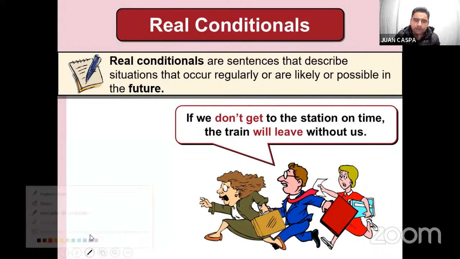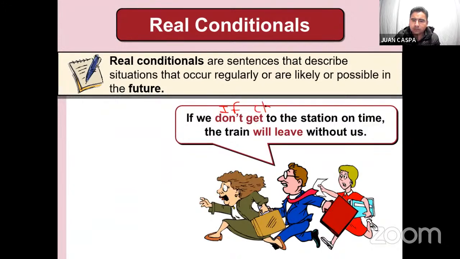Here we have, this is the if clause, right? And over here we have the result clause. But here we have simple present and here we have future, right?